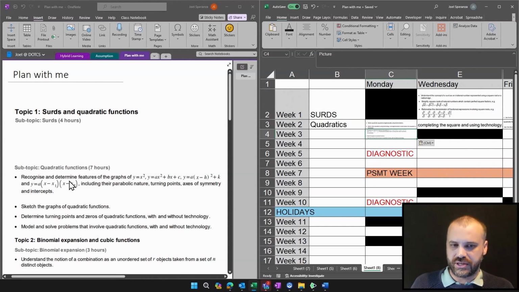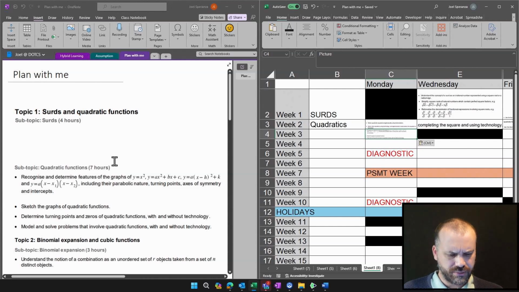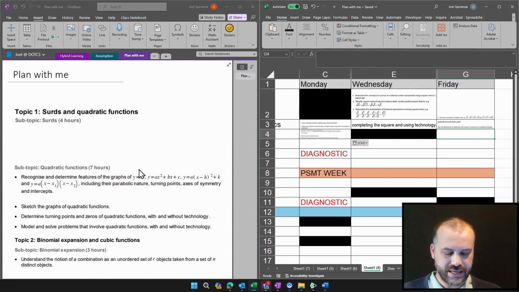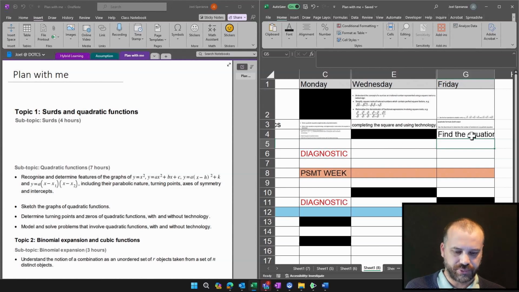So you do a different method for finding the equation if you just know the x-intercepts and a random point, and something different for some other case. So for now, I'm going to put a placeholder here that isn't a dot point, but is just: find the equation of from a sketch. I feel like maybe I'll get rid of it later, but it's going to stay there for now.